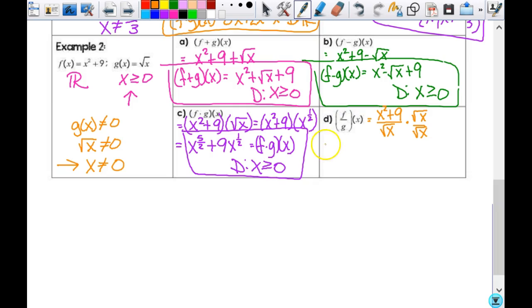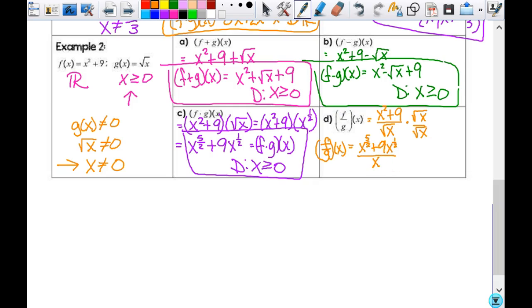And so I know that f over g of x is going to equal, this is my numerator right here, right? X to the 5/2 plus 9 times x to the 1/2. So I get x to the 5/2 power plus 9 times x to the 1/2 power over what?